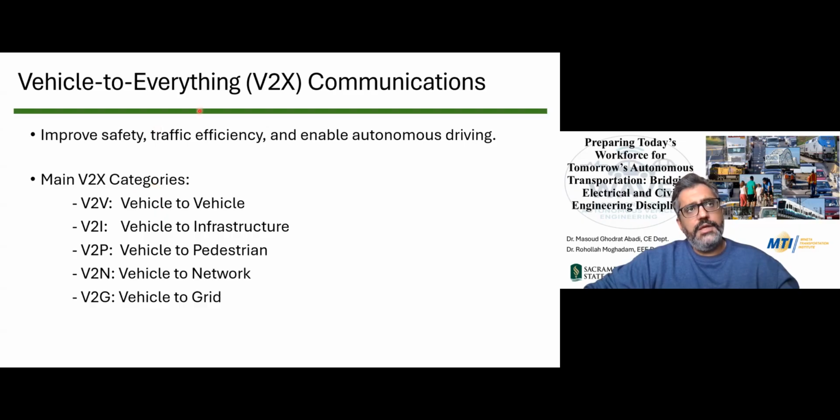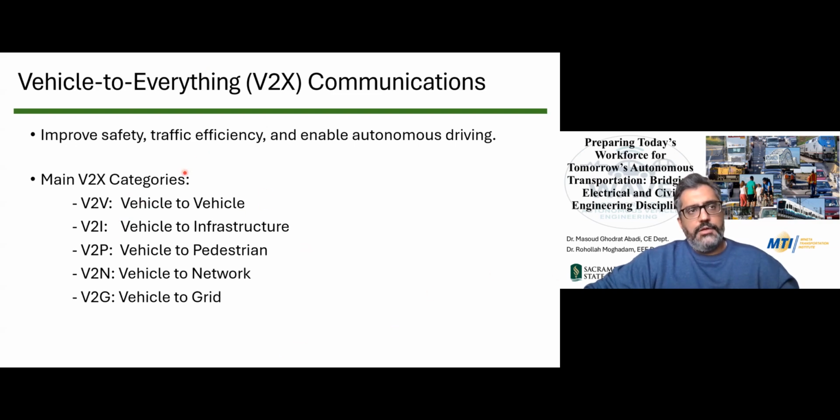When we talk about vehicle to everything, what is everything? We can have vehicle to vehicle communications. We can have vehicle to infrastructure, vehicle to pedestrian, vehicle to network, vehicle to grid. And each one of them is going to serve a different purpose.